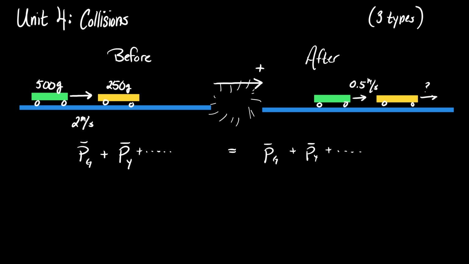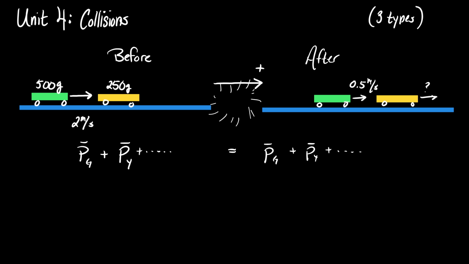You see, the idea is, in any closed system, individual objects can be interacting, but during an interaction, whatever amount of momentum is gained by one object, it'll have to be lost by another object, so that the momentum of the system stays the same.